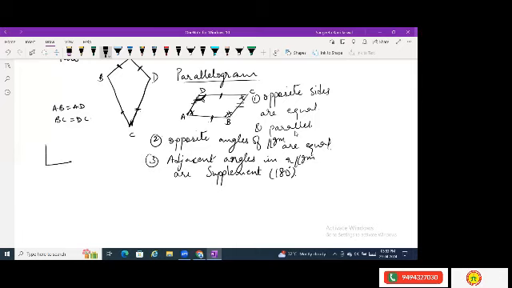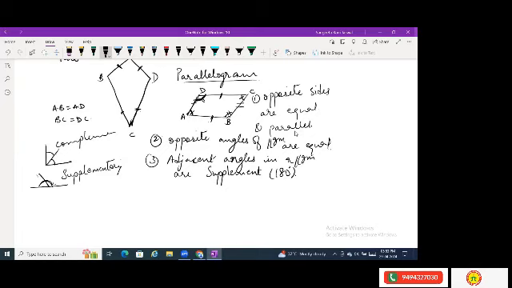Complementary means when the sum of two angles is 90 degrees. So we call them as complementary, right? But when the sum of any two angles is 180 degrees, then we call it supplementary angles. Okay, and they also make a linear pair also. You know now what is linear pair? Yes, ma'am. Have you heard about linear pair? Yes, ma'am.